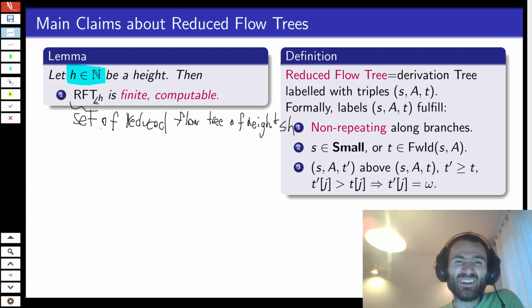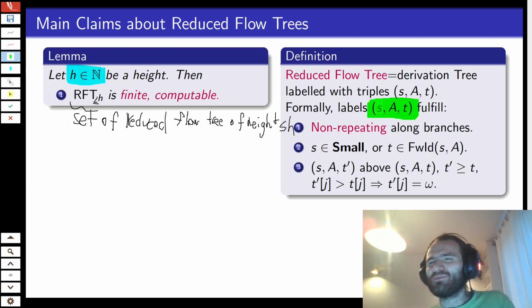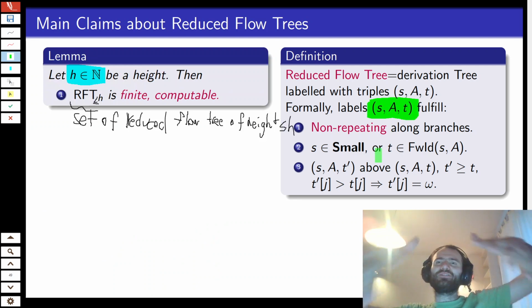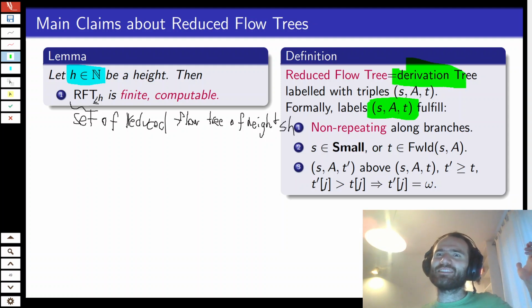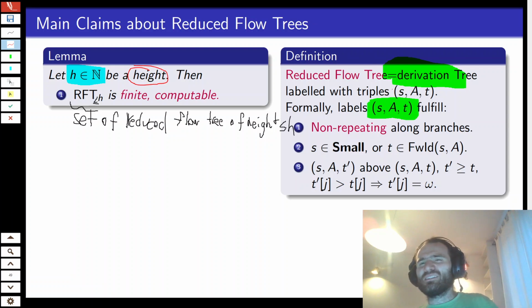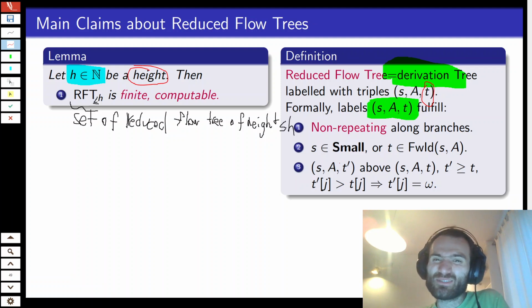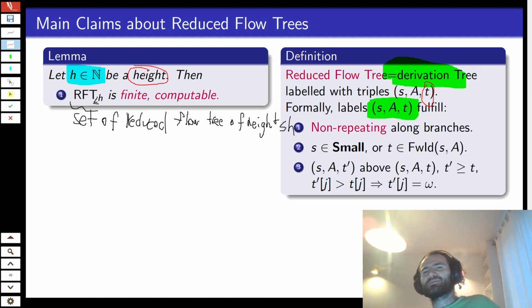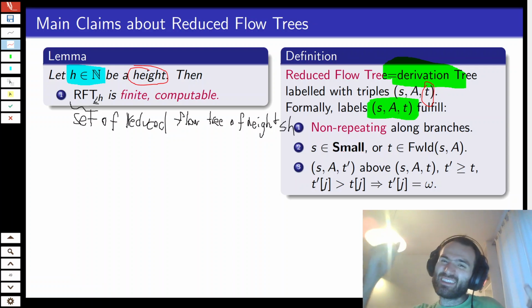Why is this? Go back to the definition. Actually, I wrote it on the right. What can you actually have? You have derivation trees here. There are only finitely many derivation trees up to a certain height. And then what can be with the outputs? The outputs only have very few options, because once you reach a small input, you have to write an output according to the function forward ideal.